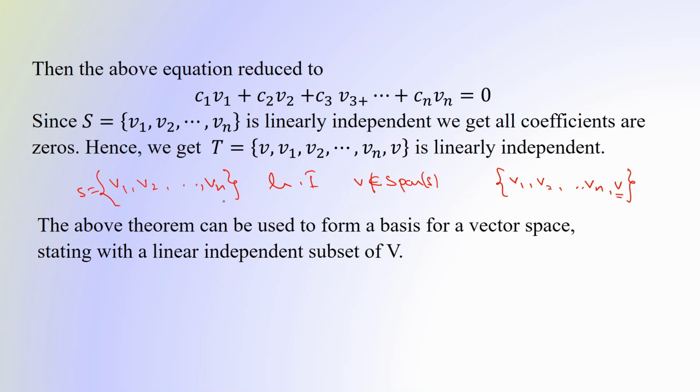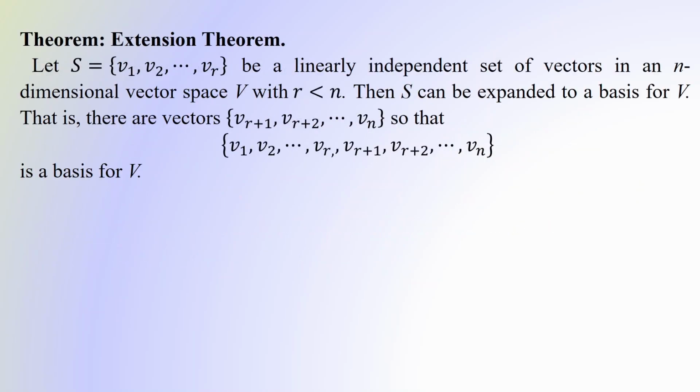So starting with this, we can form another linearly independent set. So the above theorem can be used to form a basis for a vector space starting with a linearly independent subset of V. Now we can go to the next theorem, that is known as the extension theorem.